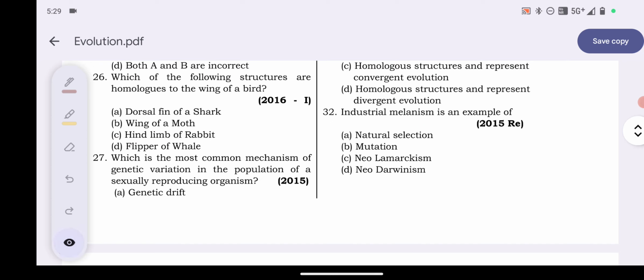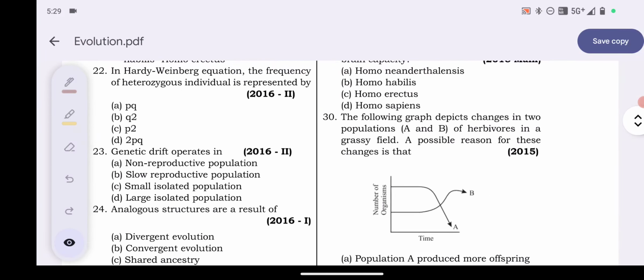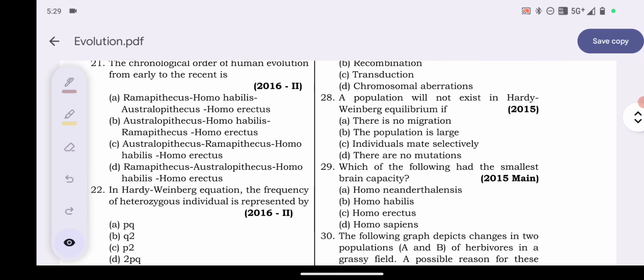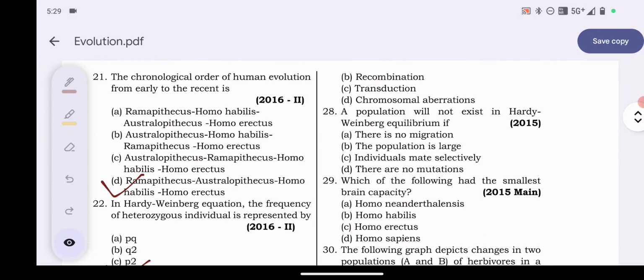Question number 27. Which is the most common mechanism of genetic variation in the population of a sexually reproducing organism? Is it genetic drift? No, wrong one. Second option, recombination, correct one.